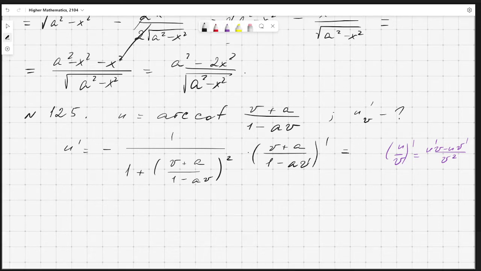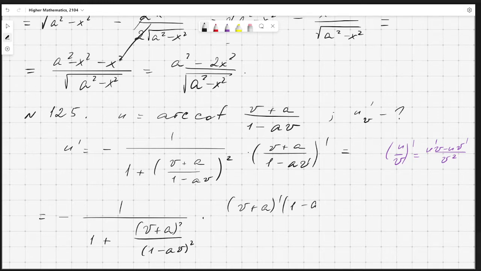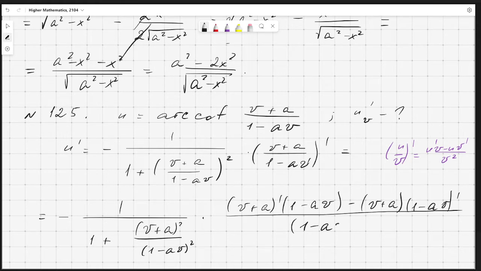Use this formula and we can see minus 1 over 1 plus the square of v plus a over 1 minus av, times v plus a prime times 1 minus av minus v plus a times 1 minus av prime with respect to v over 1 minus av squared.